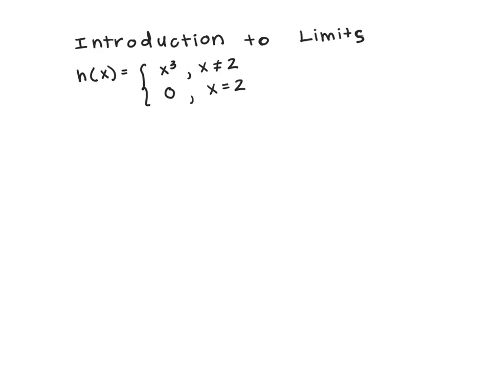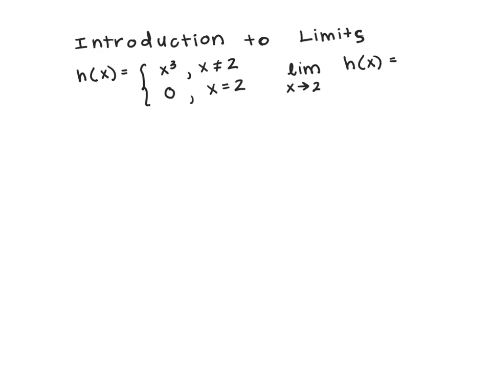So here we see that anywhere that x is not equal to 2, it's just going to be the cubic graph x cubed, and then when x equals 2, that little other piece of my graph, it's going to be equal to 0. And here the question is asking, what is the limit as x approaches 2 of my function h of x?